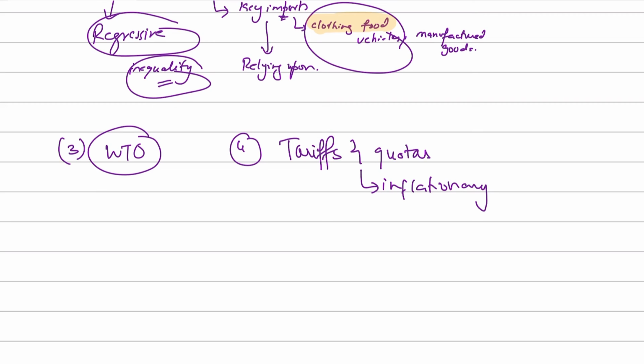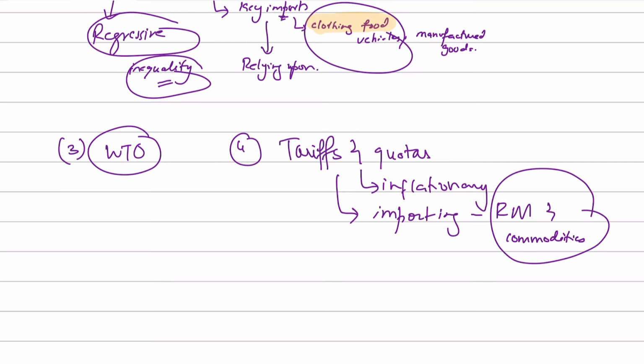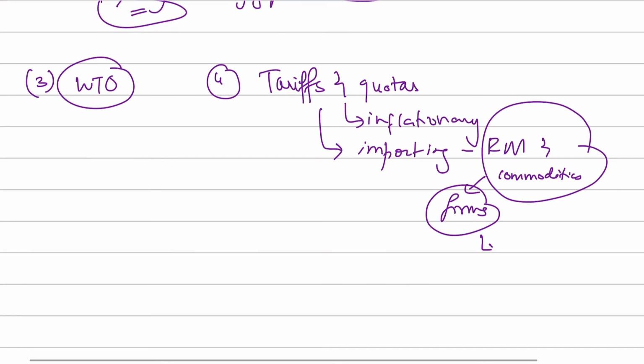How would that happen? It's very simple. So let's see. What will happen is that, especially if you're importing, that would depend upon what nature of goods you're importing. So if you're importing raw materials and key commodities, what will happen? These are used by firms as raw materials in the production of goods and services, and this would increase the domestic cost of production, COP.